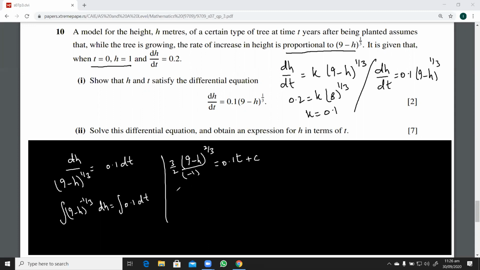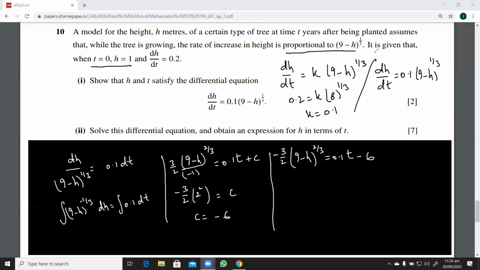So this is minus 3 over 2, and when I put 1 here, this will be 2 raised to power 2 left here. That is c, so c is minus 6. So finally, minus 3 over 2 times (9 minus h) raised to power 2 over 3 equals 0.1 t minus 6.